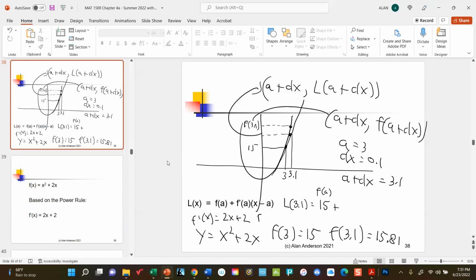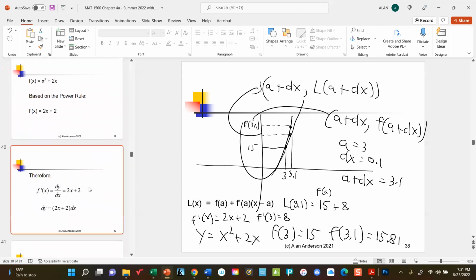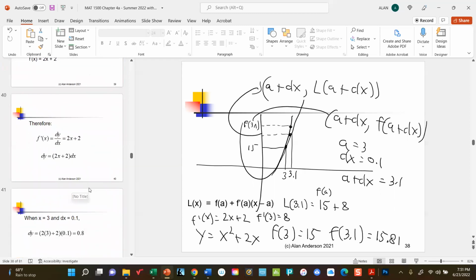So that f prime of a is 8. Oh, wait a minute.